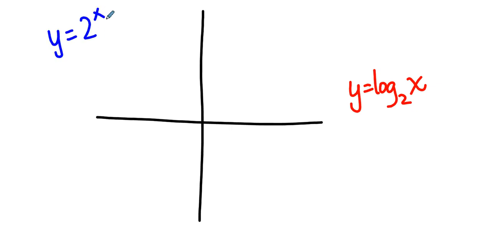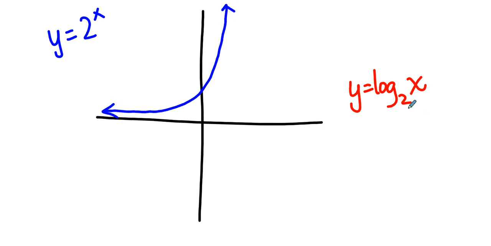One other thing we should talk about, and that's the graph of the log function. Let's take the log of x base 2. The log of x base 2 is closely related to y equals 2 to the x. Y equals 2 to the x looks like this.